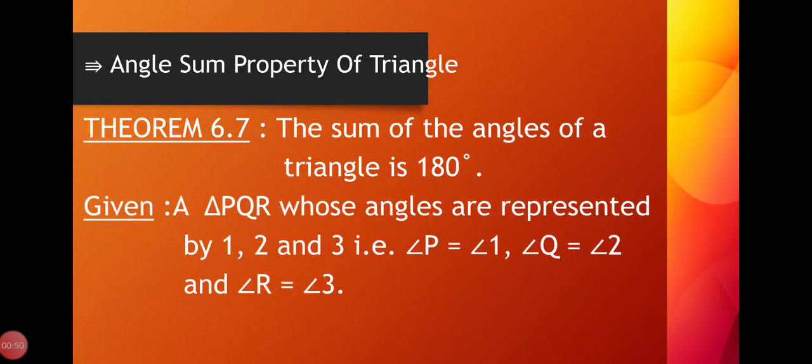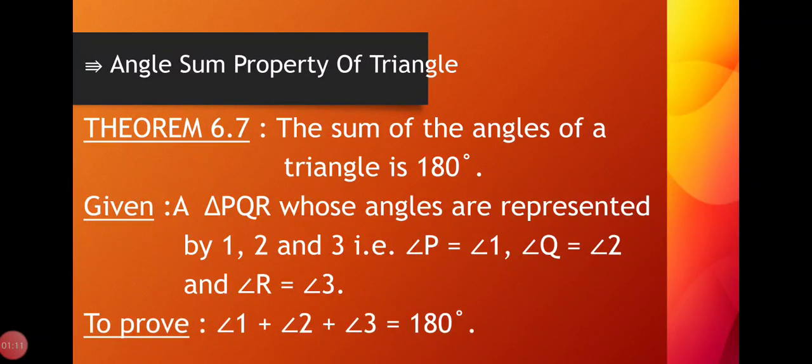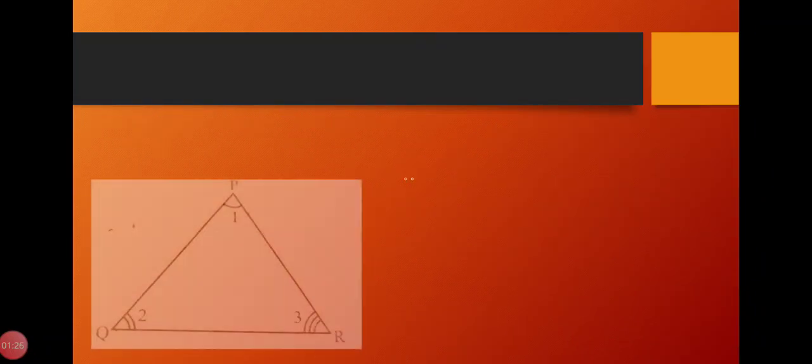Given: according to the statement, we have a triangle PQR whose angles are represented by 1, 2 and 3. That is, angle P is represented as angle 1, angle Q as angle 2 and angle R as angle 3. To prove: as a triangle has 3 angles, we have to prove that angle 1 plus angle 2 plus angle 3 equals 180 degrees.